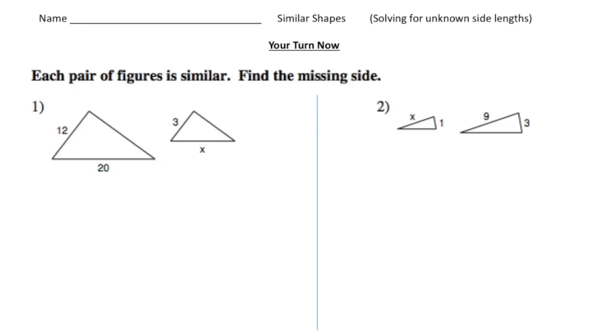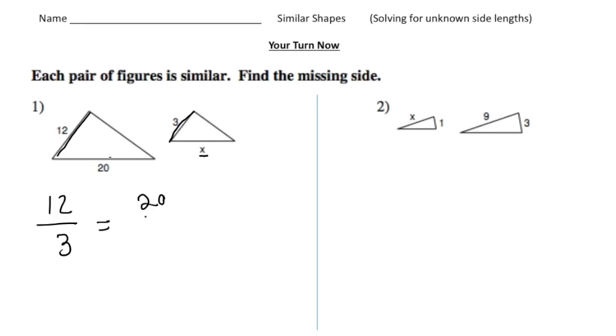Welcome back. Let's see how you do these practice problems. In the first one, we have 2 triangles, and we know one side is 12 and the other side is 20, and we have 3 and also side x. We're trying to solve for this x. My first set of corresponding sides is 12 to 3, and that's going to equal 20 over x.